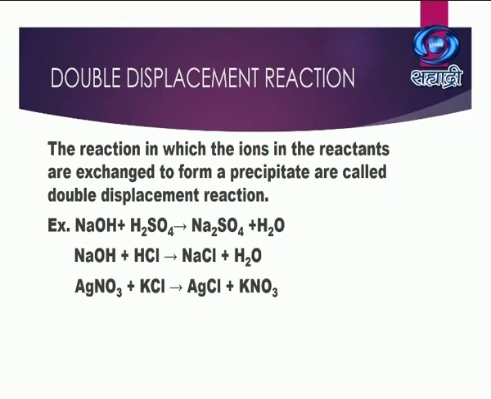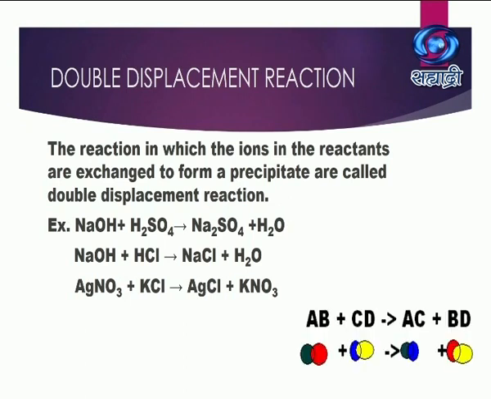NaOH plus HCl, if they react together, they give NaCl plus H2O. AgNO3 plus KCl gives AgCl plus KNO3. Here you can observe that ions in the reactants are getting exchanged to form new products.